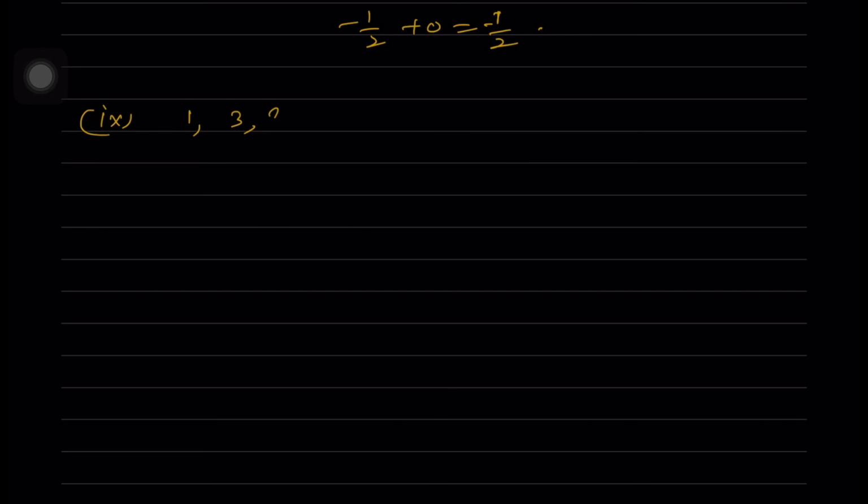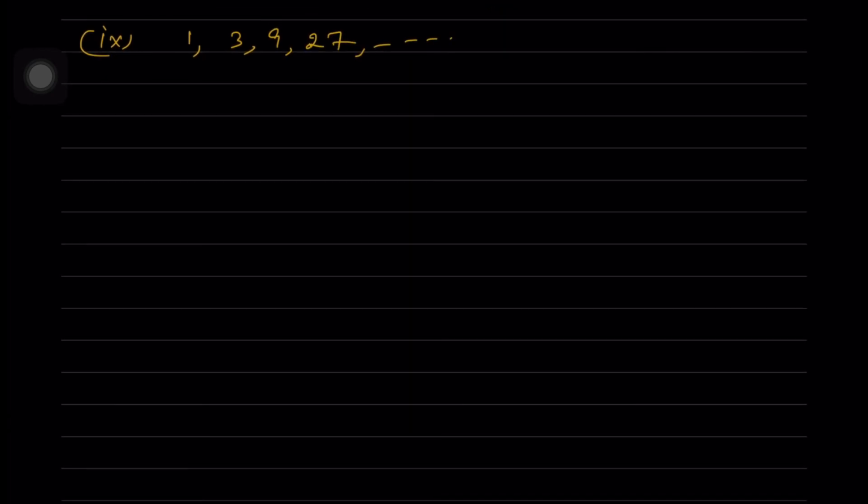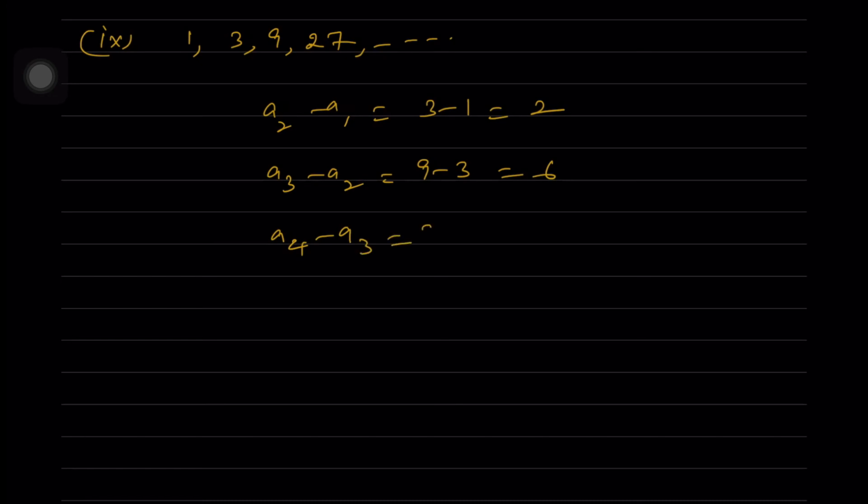Next, ninth one: 1, 3, 9, 27 and so on. So a1, a2, a3, a4 are given here. a2 minus a1 is 3 minus 1, which is equal to 2. a3 minus a2, which is 9 minus 3, is equal to 6. a4 minus a3 is equal to 27 minus 9, which is equal to 18.